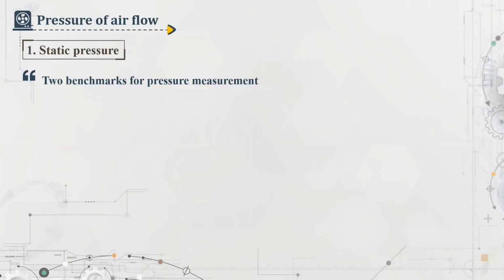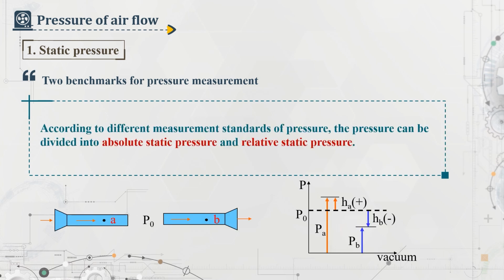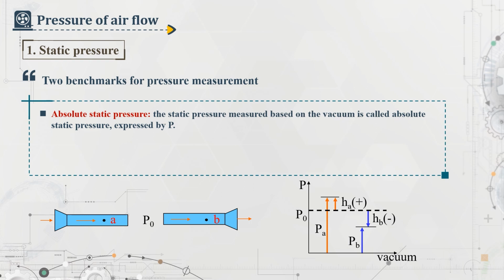Two benchmarks for pressure measurement. According to different measurement standards of pressure, the pressure can be divided into absolute static pressure and relative static pressure. 1. Absolute static pressure.